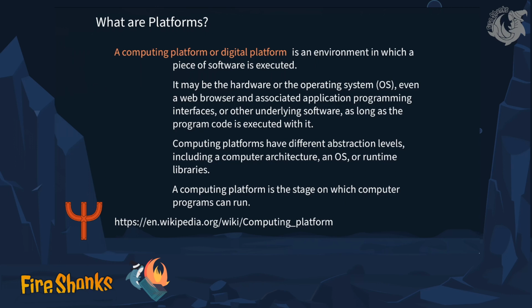Okay, this can be lots of things now. So what can also be included? There are various abstraction levels, maybe. Also, the computer architecture may be a part of that. Maybe an operating system, or maybe a runtime. Libraries.